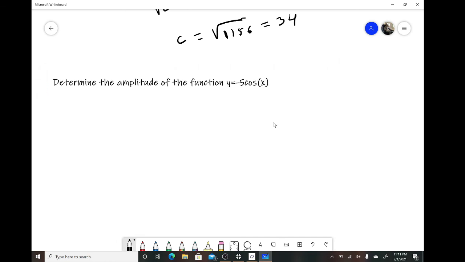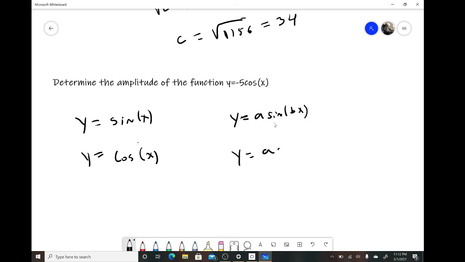All right, so if you're given a trigonometric function like y equals sine of x or y equals cosine of x, you need to know a few things. Number one is what the amplitude and the period are. So the general form of these two functions is a sine of bx, and a cosine of bx.